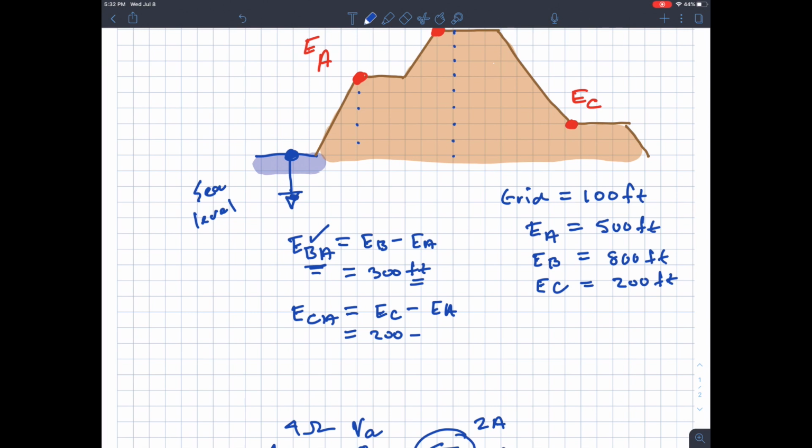Then we subtract EA, which is 500 feet, and we get minus 300 feet, which is all well and good, because what that tells us is that point C is negative 300 feet higher than point A. Okay, so the negative sign flips the interpretation, and so we would say equivalently that the elevation at point C is lower by 300 feet compared to point A.